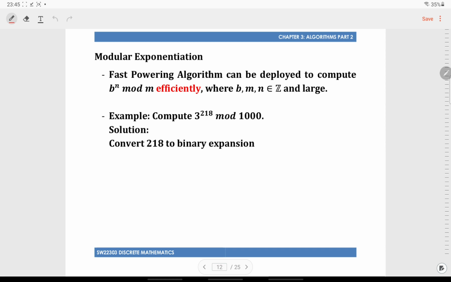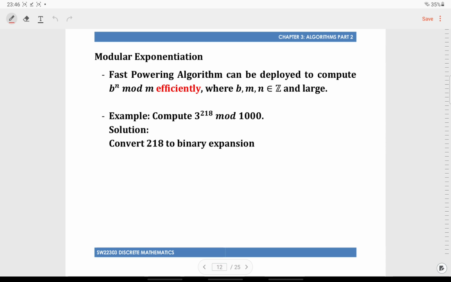So we have another algorithm to consider in this chapter, which is the fast powering algorithm. It is discussed under the topic of modular exponentiation. Previously we learned about modular addition and also modular multiplication.